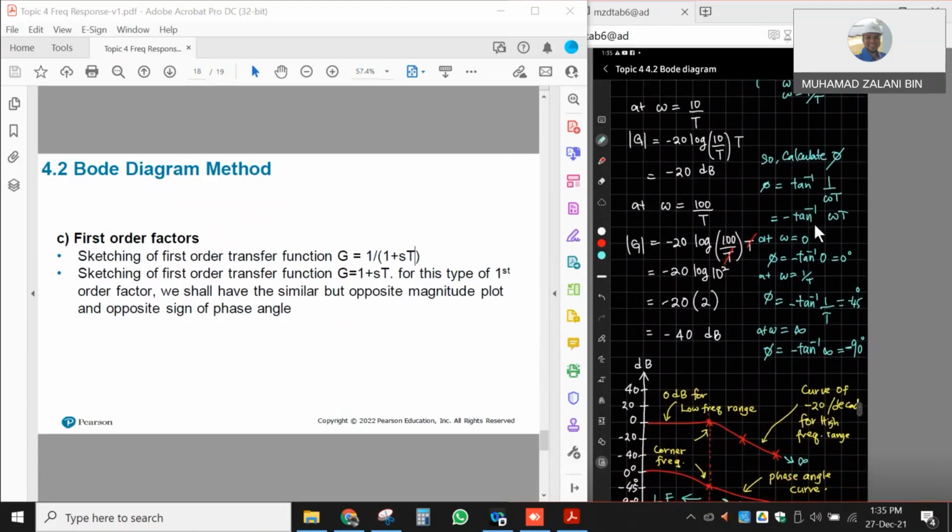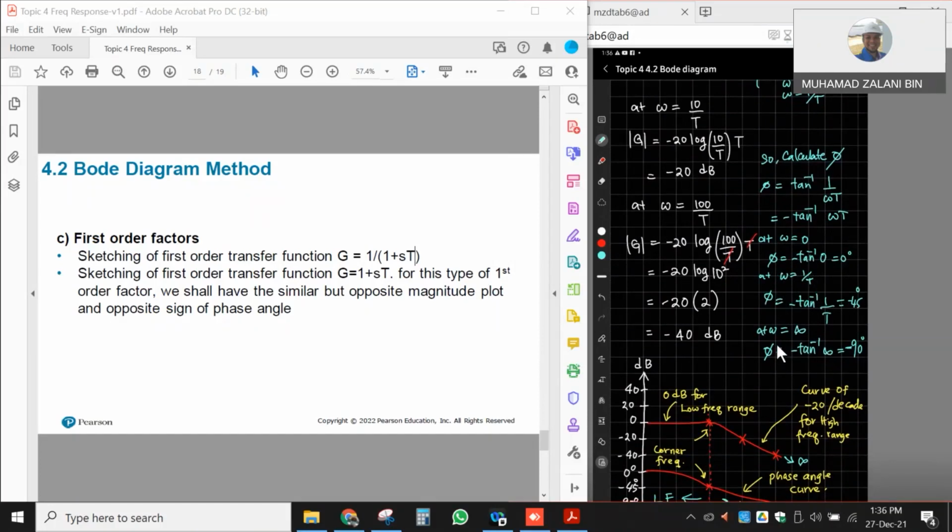Once we get this equation, we can substitute from the zero frequency range, which is the lower frequency range, omega equals 0, for example. Negative arc tangent 0 is 0. And then at the corner frequency, omega equals 1 over t, phi equals negative arc tangent 1, which is negative 45 degrees.